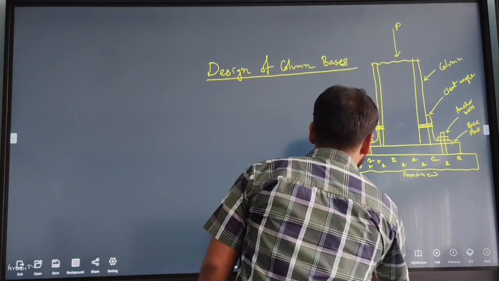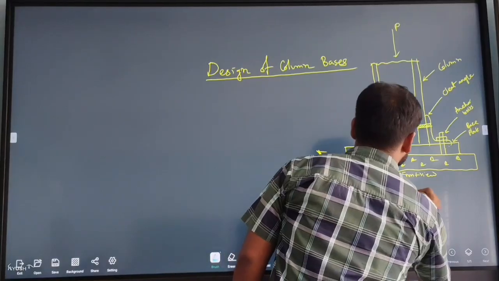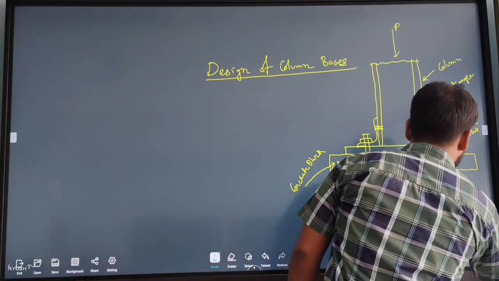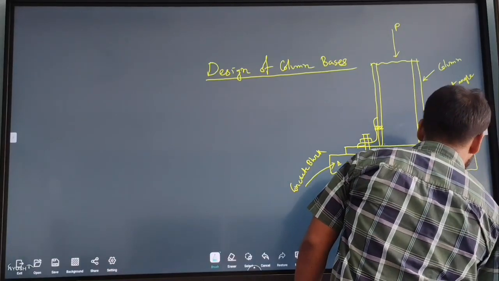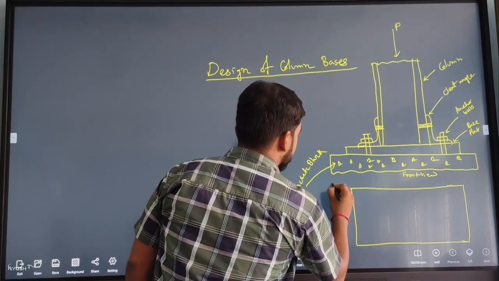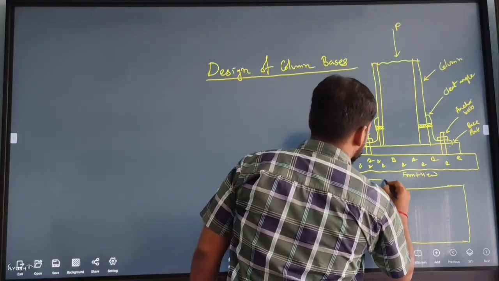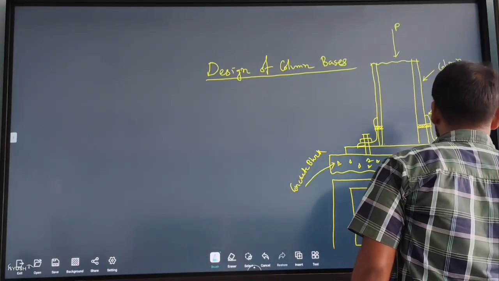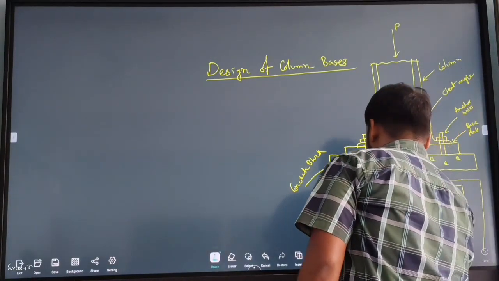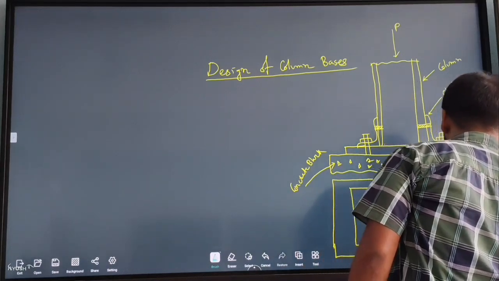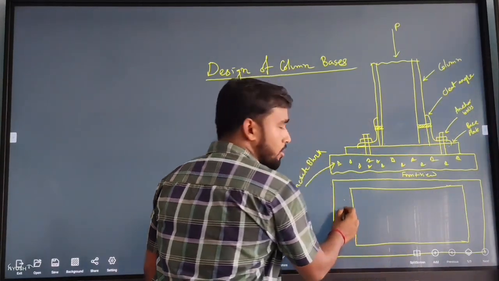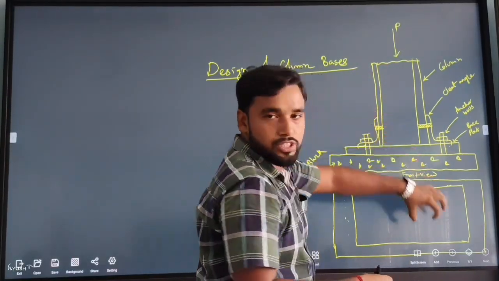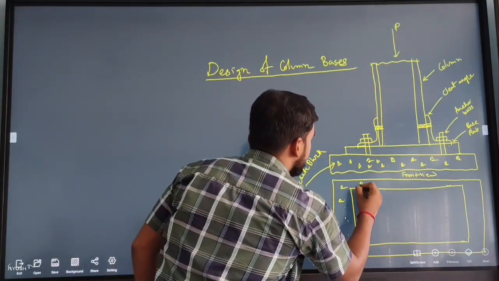Now let's draw the top view, a plan. This portion is your concrete portion. In plan, a top view, you will see this portion, all this portion. This portion is your concrete.